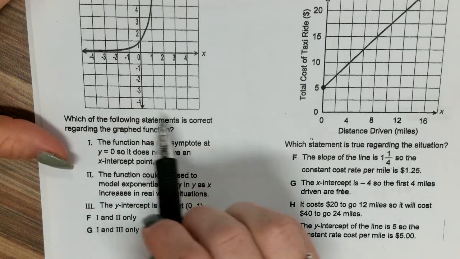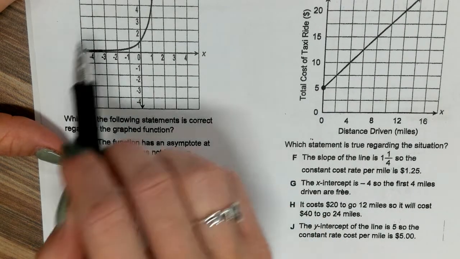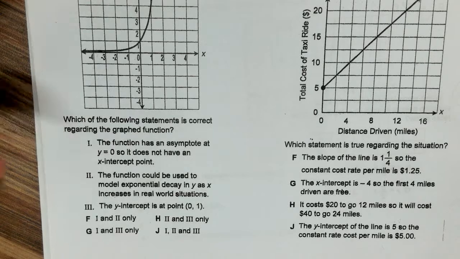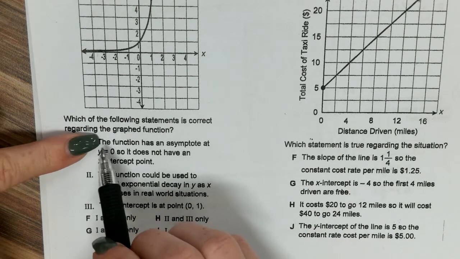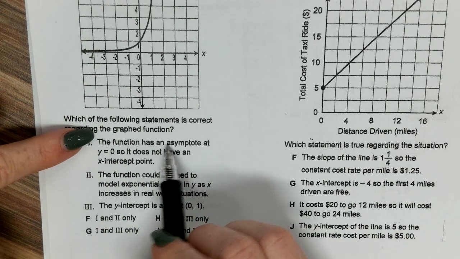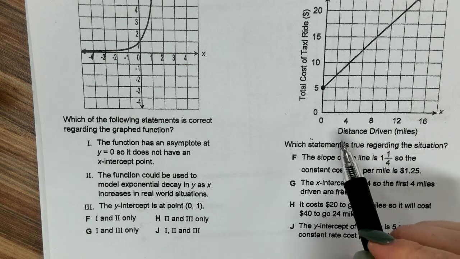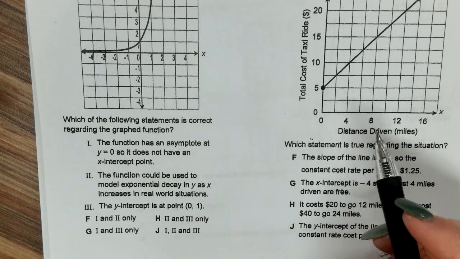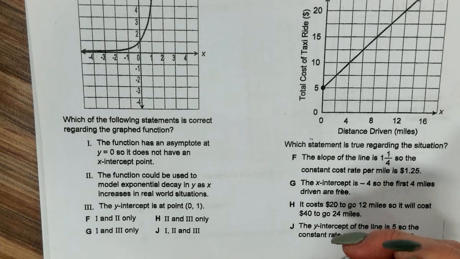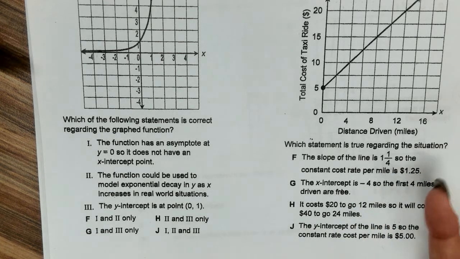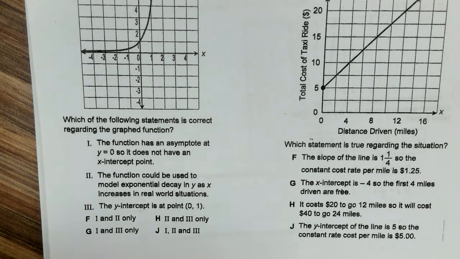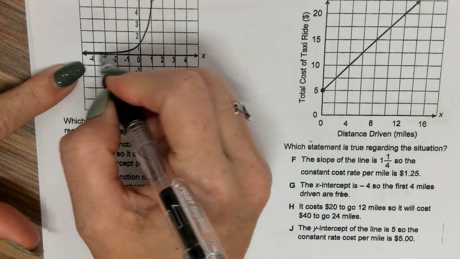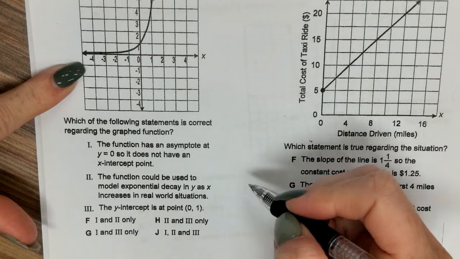This one says, which of the following statements is correct regarding this picture? All right, so let's check one. The function has an asymptote at y equals 0, so that it does not have an x-intercept. Do y'all remember what I just told y'all about asymptotes? It's where it hugs a line but will never touch it. So, does it have an asymptote right here at y equals 0?